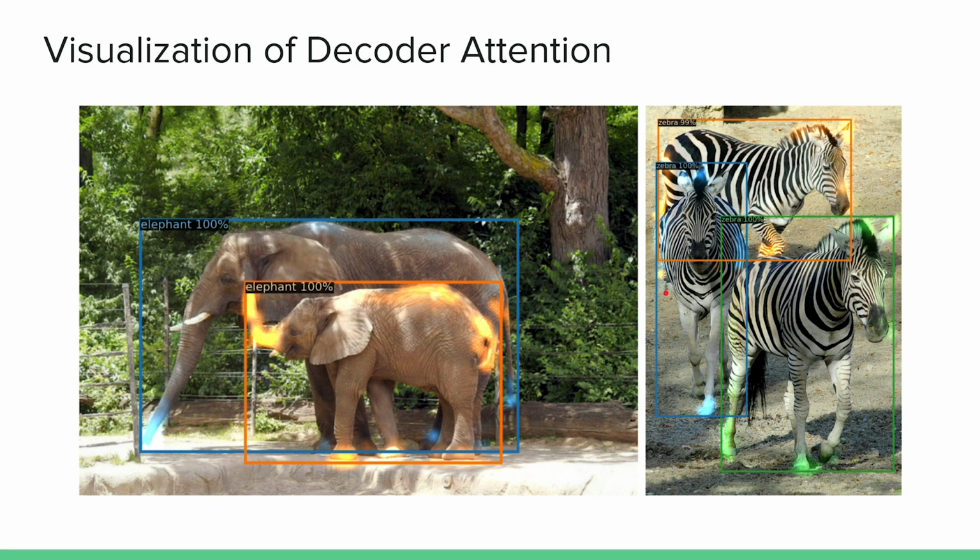So it could also belong to that blue zebra, but the network understood, okay, well, zebras don't look like this, that they have a small leg very far in the back here, so it actually belongs to that zebra. So I think that's a really interesting way of visualizing the attention that these layers learn and understanding whether your model is doing something meaningful or not.